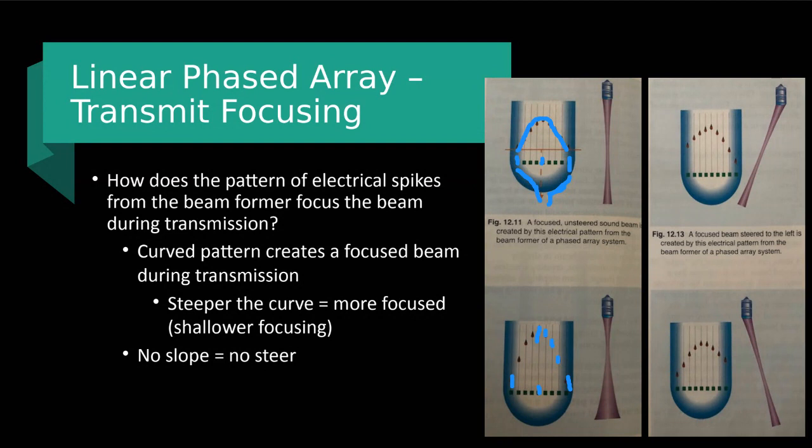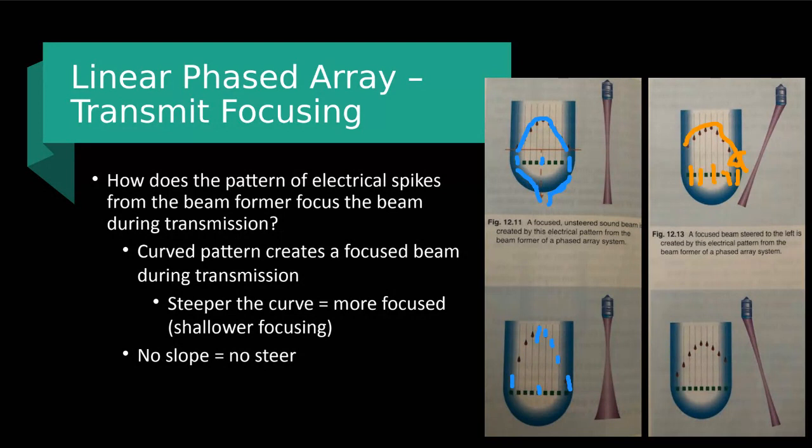Now we can focus and steer at the same time. If we have a curvature and a slope, we can do that. So if we look at our picture on the top right side, we still have a curvature, and then here's our slope. This electrical pulse is going to excite that outside crystal first, and then now we have some coming in on the other side, and then lastly in the middle.